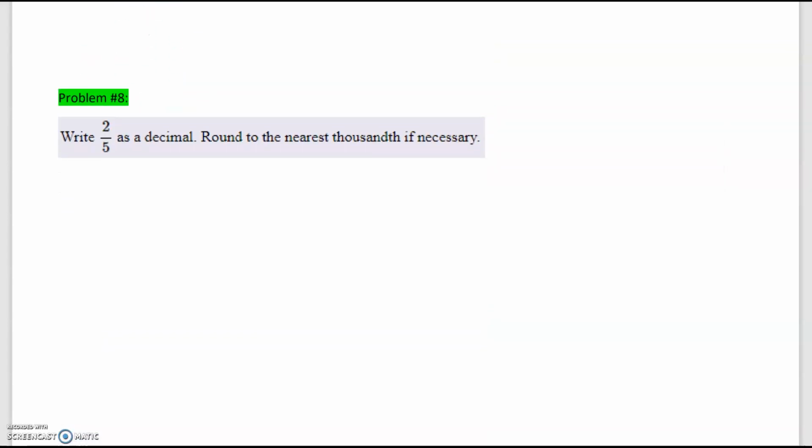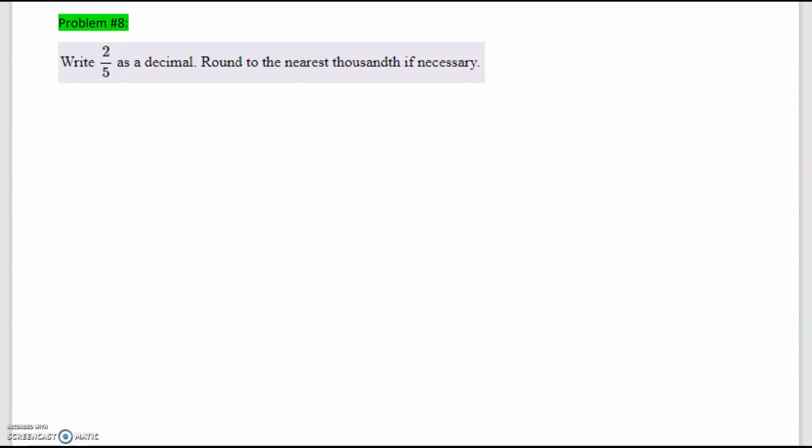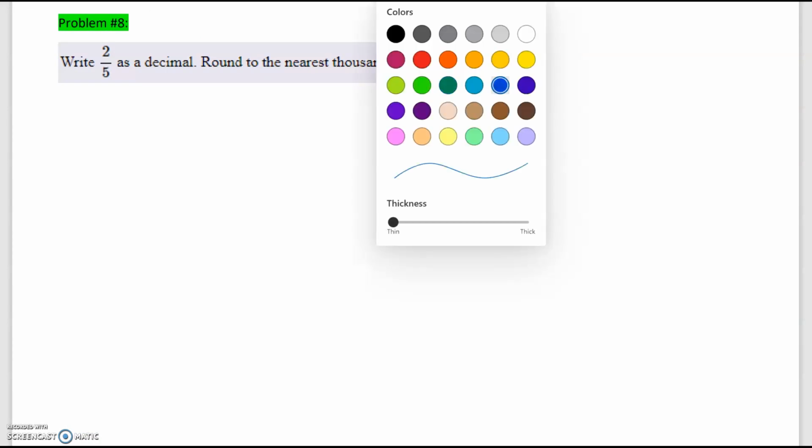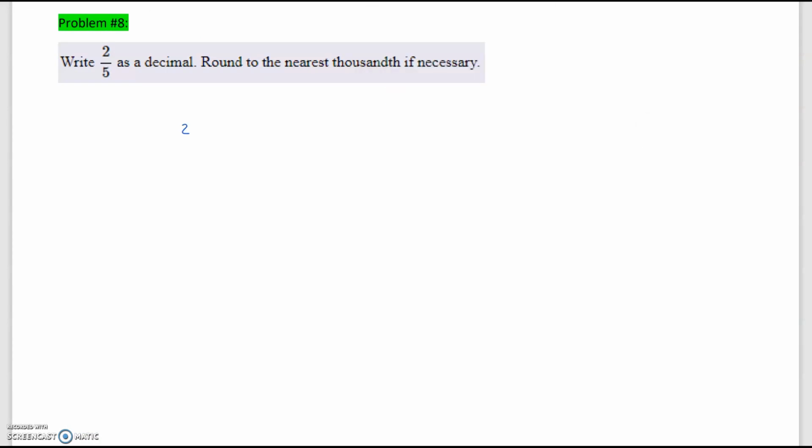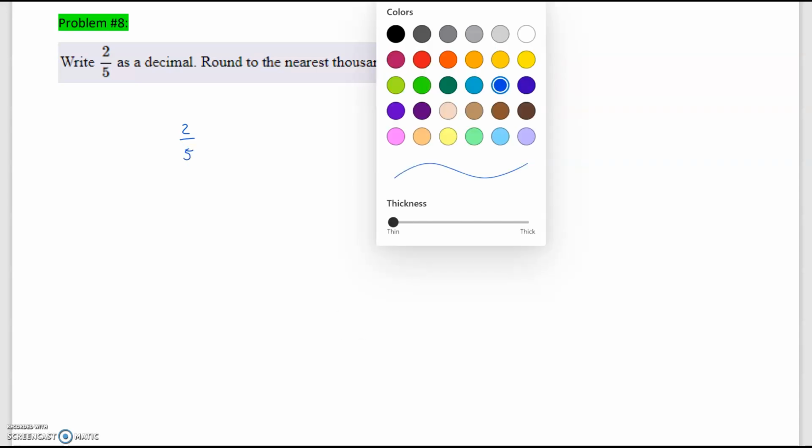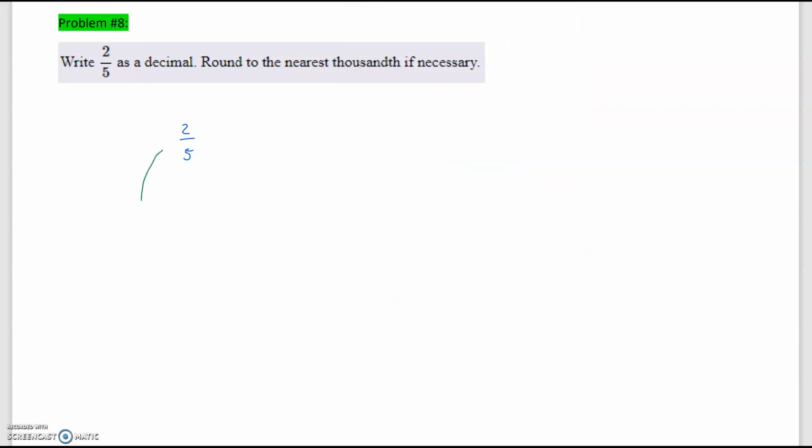Let's move on to problem 8. In this case, we have the value of 2/5. And let me carry out the division. Whoops, I have it backwards. So it's going to be 5 into 2, well, it doesn't fit, so you're going to end up putting a 0.